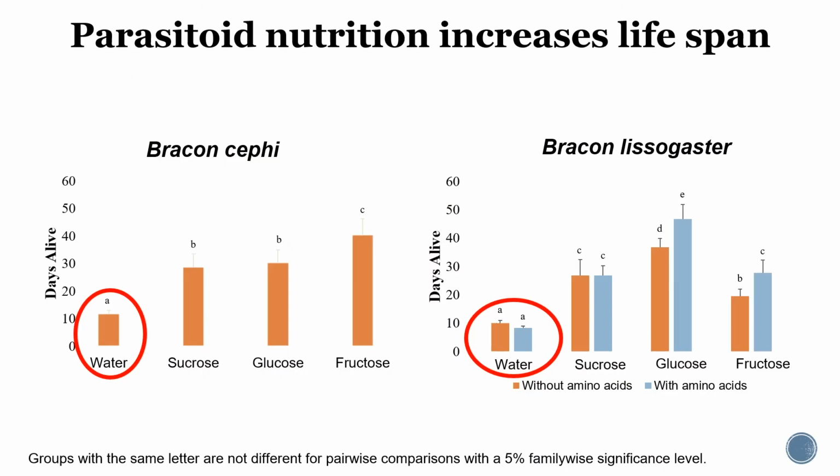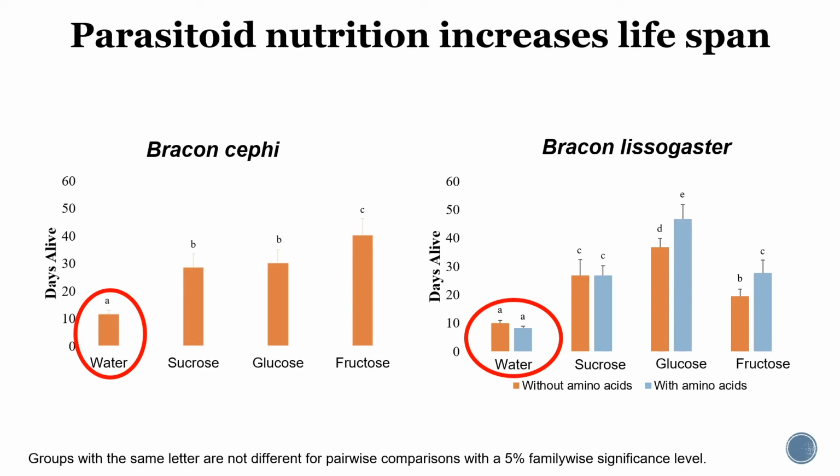To start answering this question, I've been conducting experiments at the lab with parasitoid nutrition. For that, I use artificial diets containing sugars, and I also have water as a control. Then I analyze for how long these female parasitoids are living. In these graphs, we have the different diets on the x-axis, and on the y-axis, the number of days these females were alive.